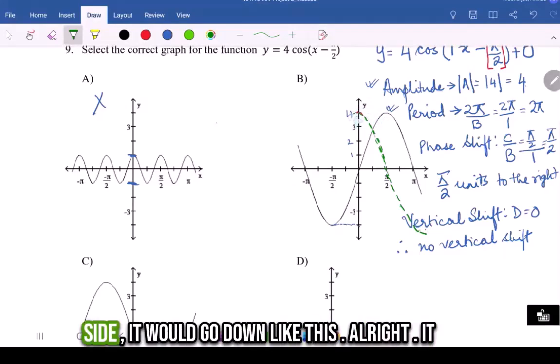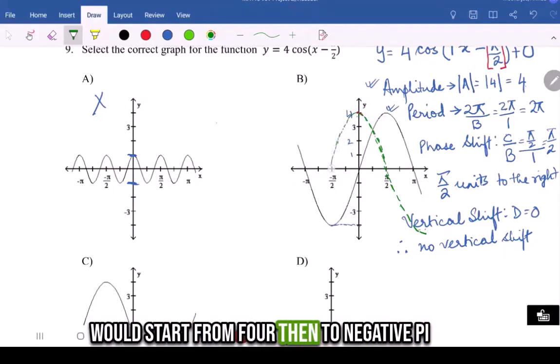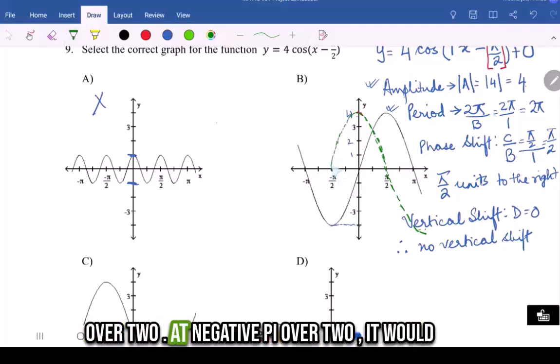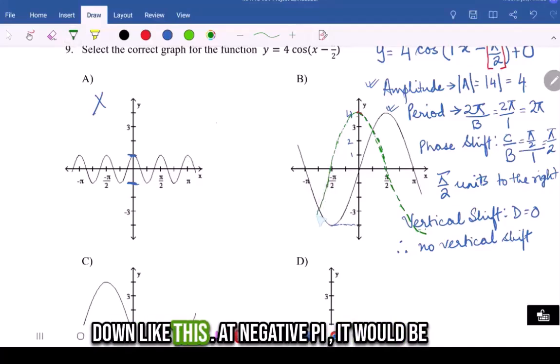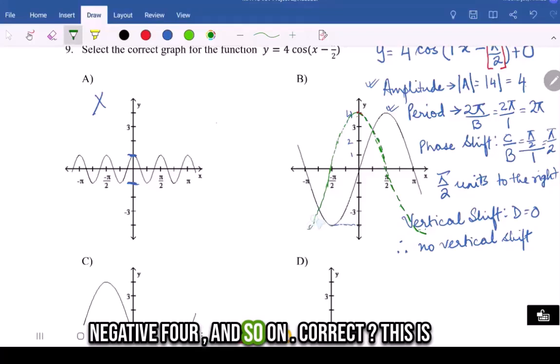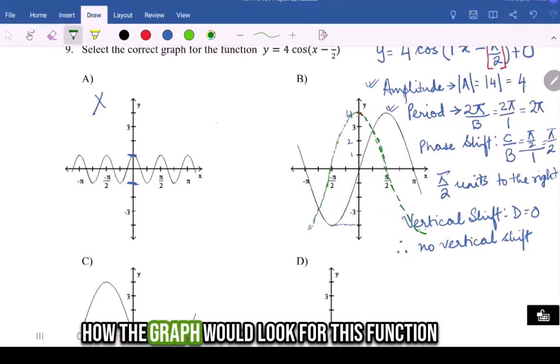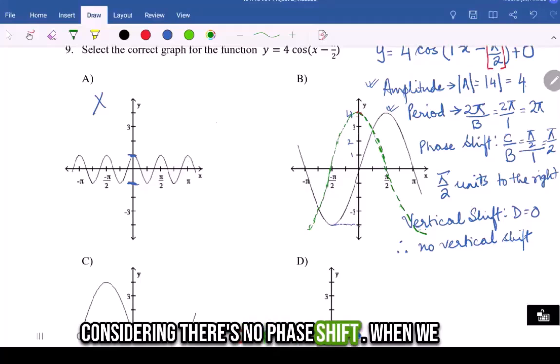On the negative side it would go down like this. It would start from 4, then at negative pi over 2 it would come to 0, and then continue down. At negative pi, it would be negative 4, and so on, correct? This is how the graph would look for this function, considering there's no phase shift.